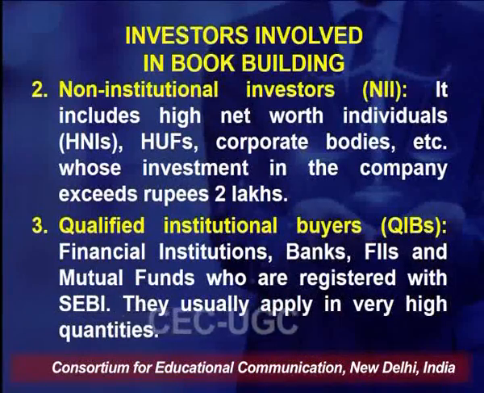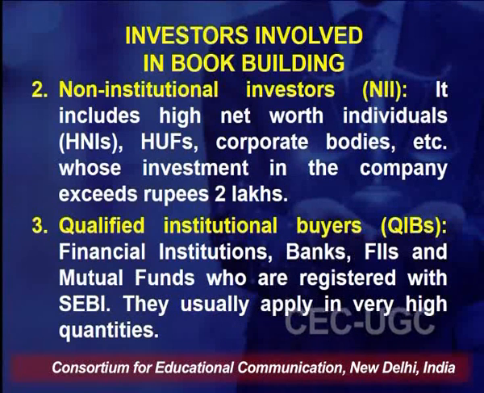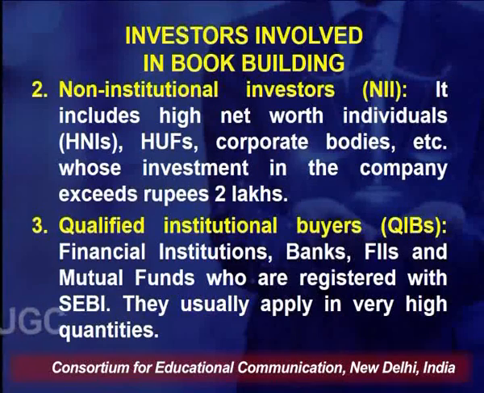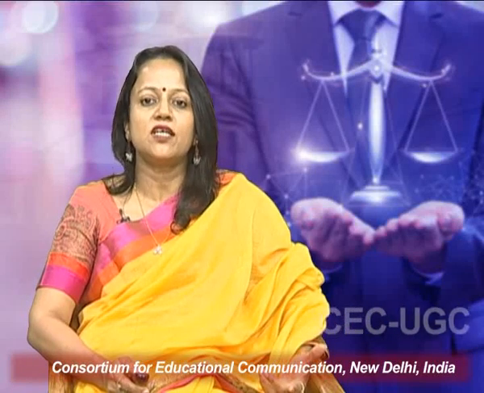Then the second category of investors is non-institutional investors. It includes high net worth individuals, means individuals only, but those who have high net worth. Why it is called high net worth individuals? Because these are the individuals which are investing in the company often an amount which exceeds rupees 2 lakh. Therefore, they are known as high net worth individuals.